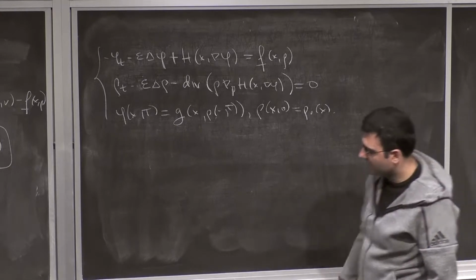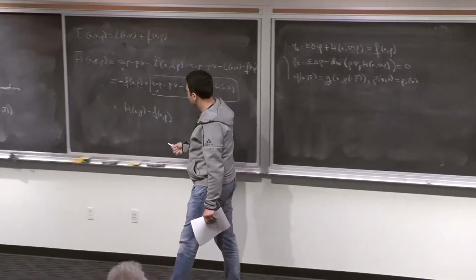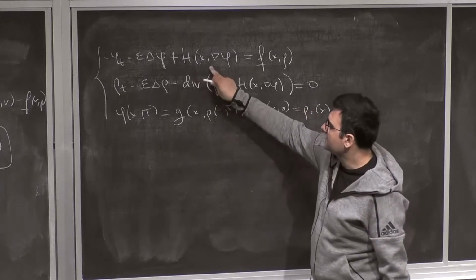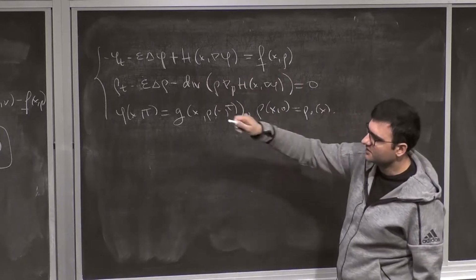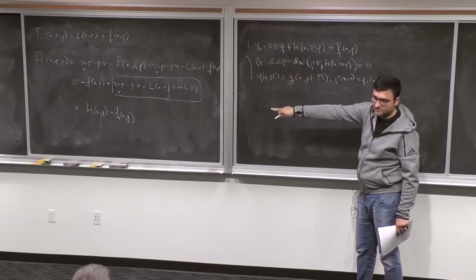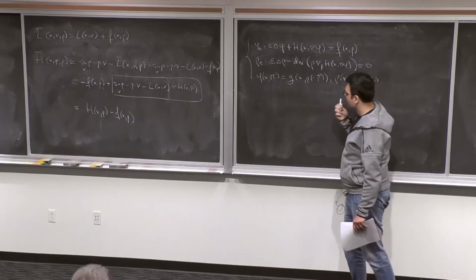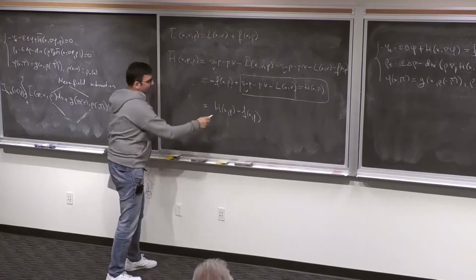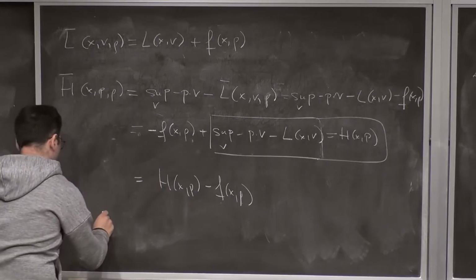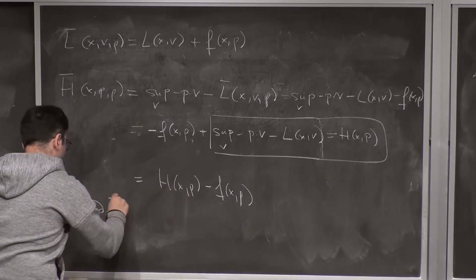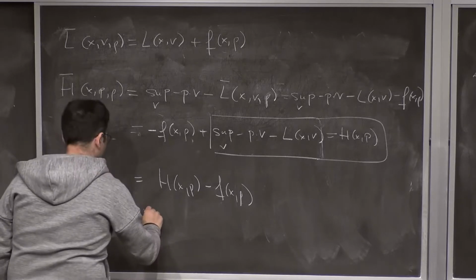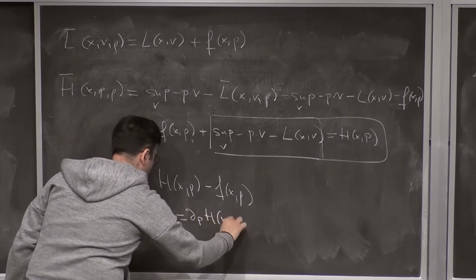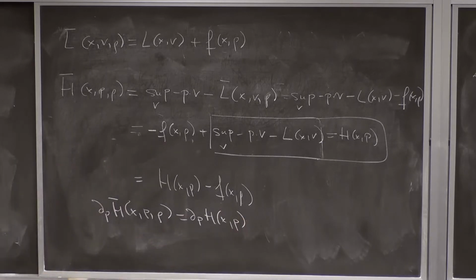The first equation will just become H of x, grad phi, is equal to f of x, rho, because I just replaced H bar according to this formula. Also, because f of x, rho doesn't depend on p, d_p H bar at x, p, rho is simply d_p H of x, p.